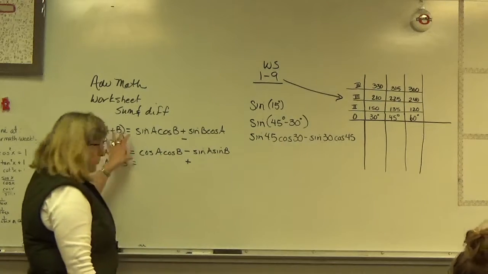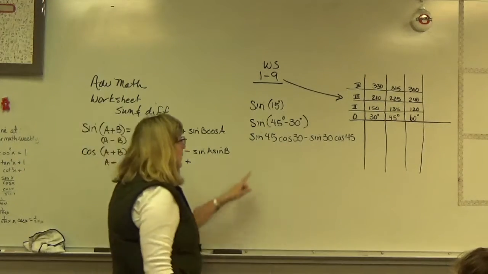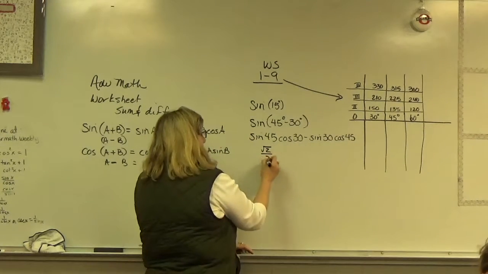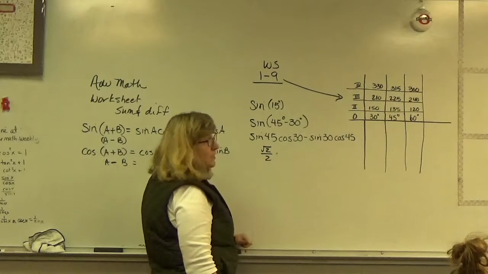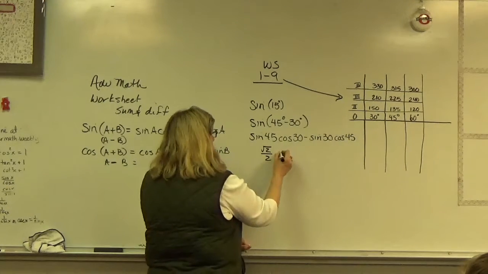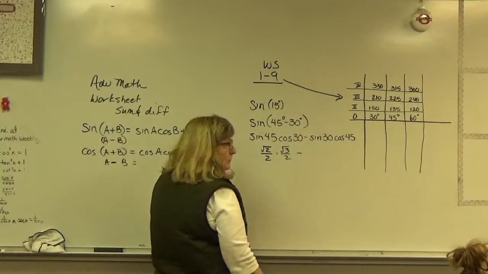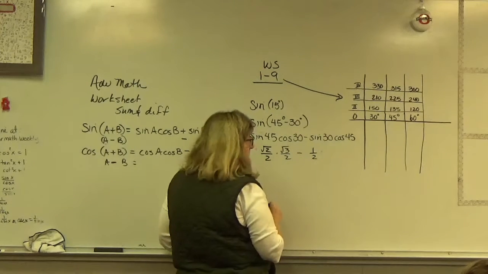So that's why you may want the formulas written somewhere else, because otherwise you're going to be flipping back and forth all the time. What is the sine of 45? Square root of 2 over 2. What's the cosine of 30? Okay. What's the sine of 30? What's the cosine of 45?